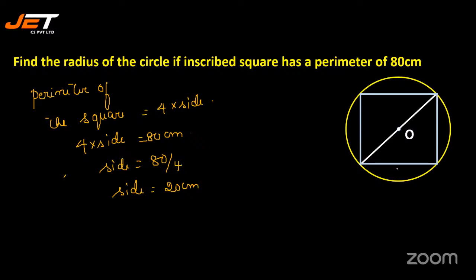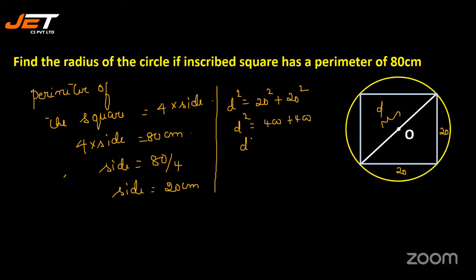So now we know the sides are 20 and 20. So what is the radius? Let us first find out the diameter, whereby diameter square is equal to 20 square plus 20 square. So it is 400 plus 400, which is 800. So D is equal to root of 800, where we can write it as 400 into 2.